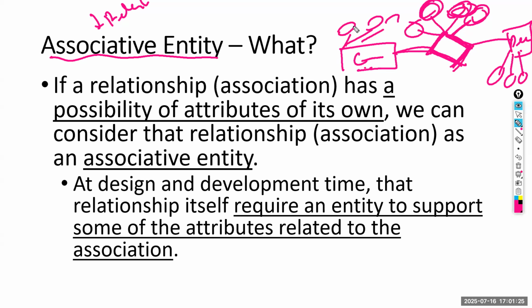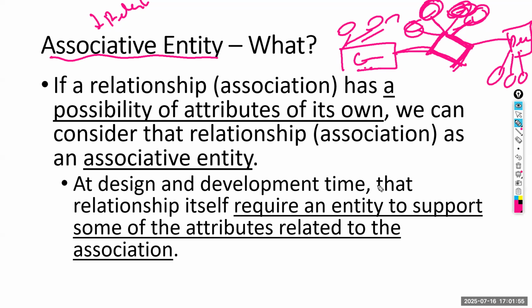Usually you can have attributes for a relationship when it is a many to many relationship, but not always. Sometimes, if it is many to many, there's a possibility that your relationship has attributes. So your relationship is an associative entity.